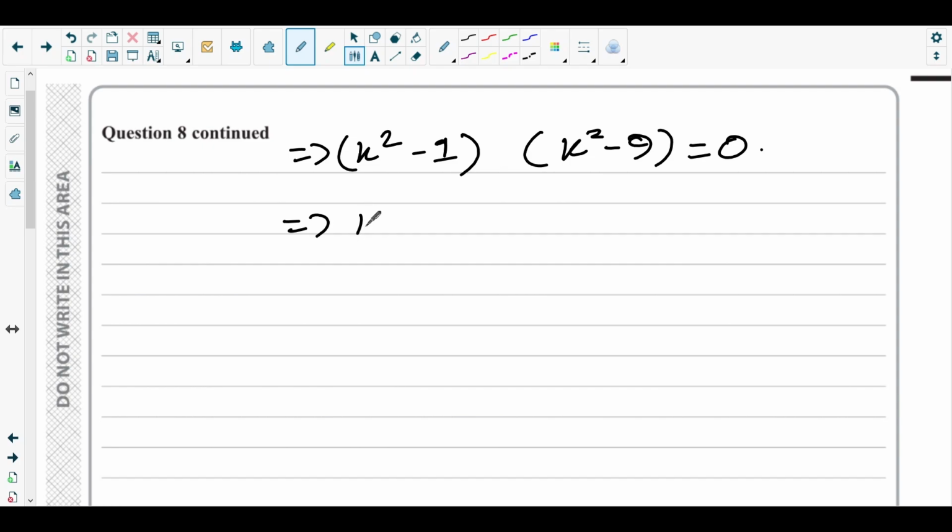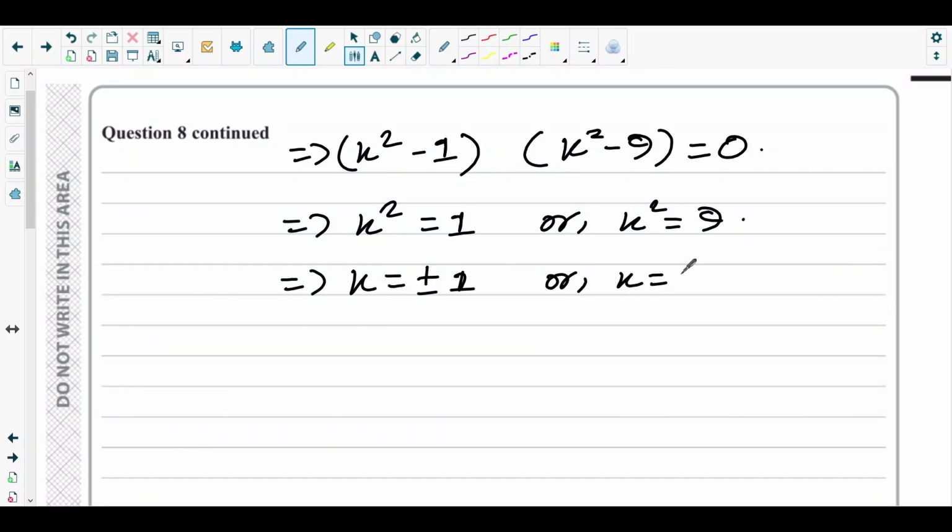This equates to 0. So either x squared equals 1 or x squared equals 9. So you will get x equals plus or minus 1, or x equals plus or minus 3. But points P and Q are both on the positive x-axis.